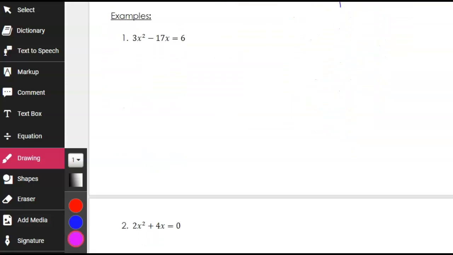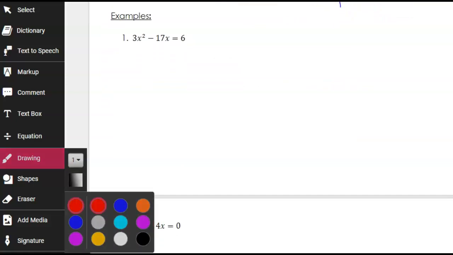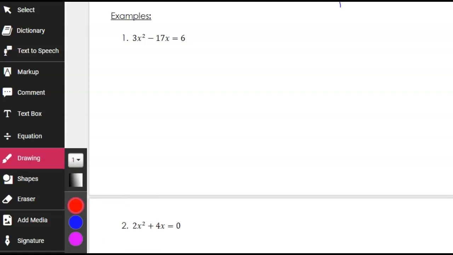So first example, switch back to my colors. Step 1, I need my equation to be in standard form, ax squared plus bx plus c, and it needs to equal 0. Right now it looks like I have ax squared plus bx equals something. So I want to move this 6 back over to this side. In order to do that, I want to do the inverse.